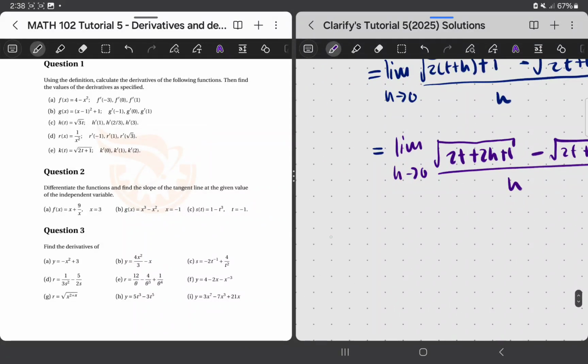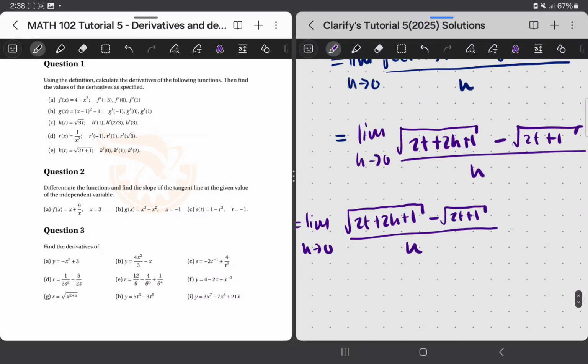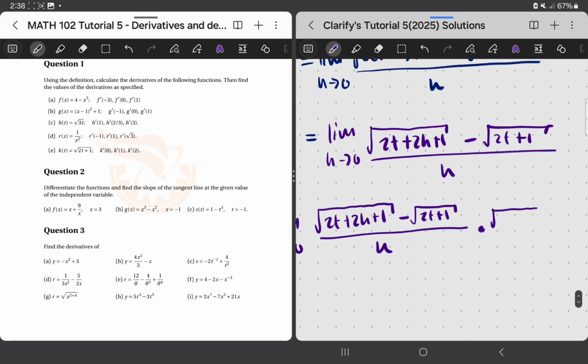So this is going to be equal to the limit as h goes to 0 of the square root of 2t plus 2h plus 1 minus the square root of 2t plus 1, over h, multiplied by the square root of 2t plus 2h plus 1 plus, you change the sign, the square root of 2t plus 1.